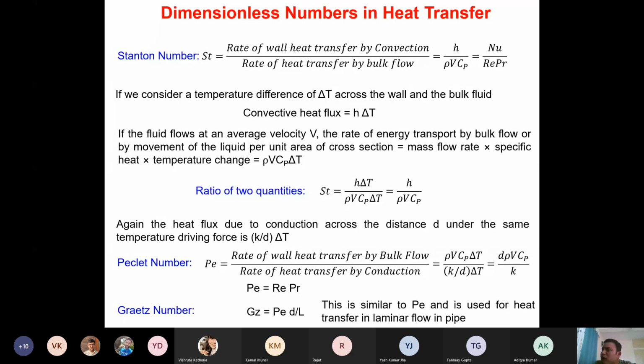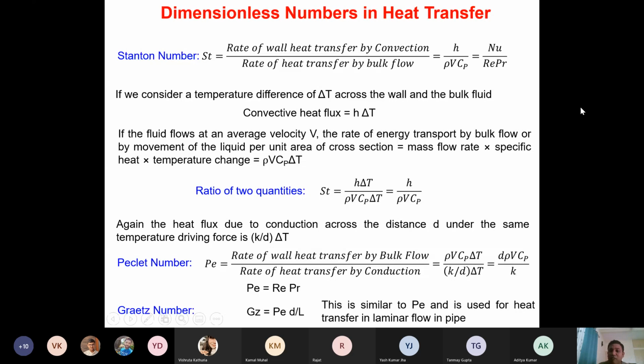And another factor which we are looking at is how much heat is taken by the bulk flow. How much heat is taken by the bulk flow, that is calculated as rho V Cp delta T, because mass flow rate is nothing but how much heat is taken by a fluid element which is moving in a pipe.